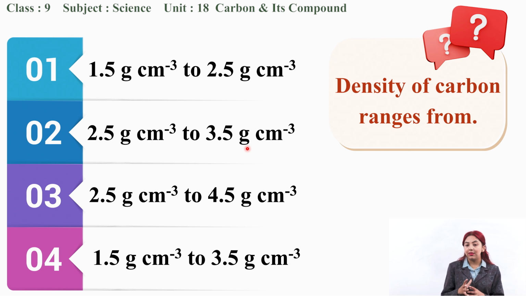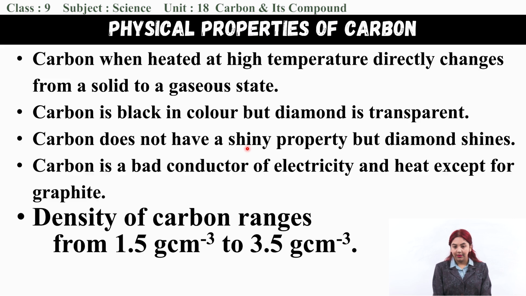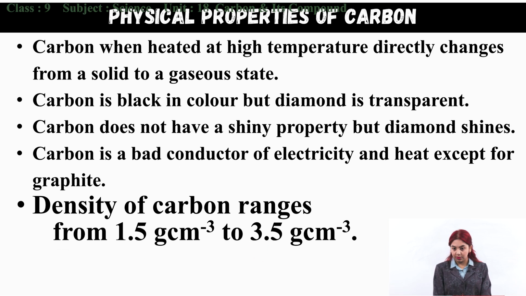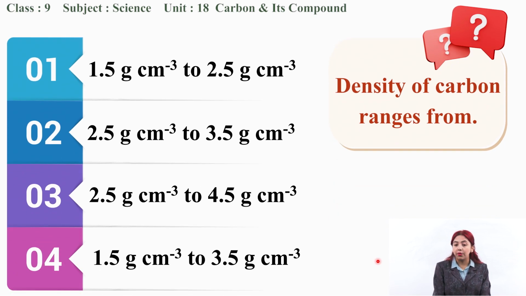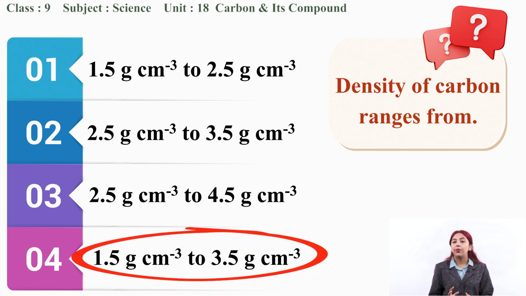So what is the range of density of carbon? Yes, we studied that in the physical property, that the range was 1.5 to 3.5 gram per centimeter cube. So here the correct option will be the 4th option, 1.5 to 3.5 gram per centimeter cube.